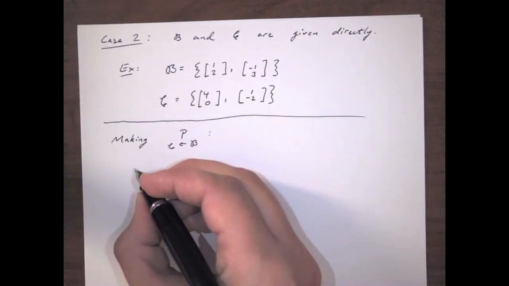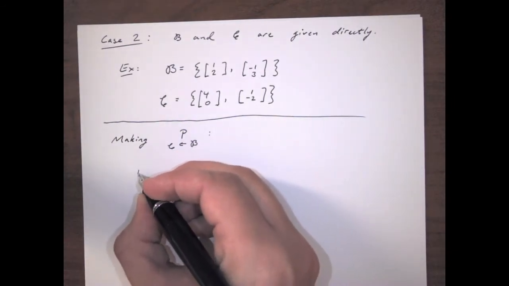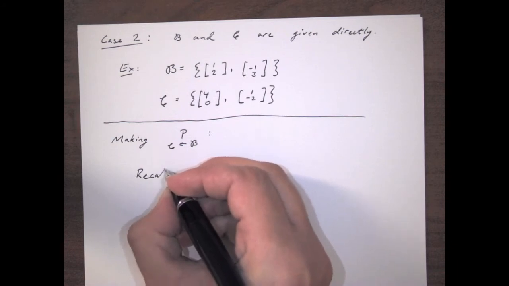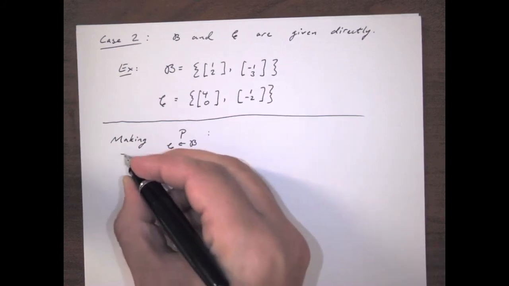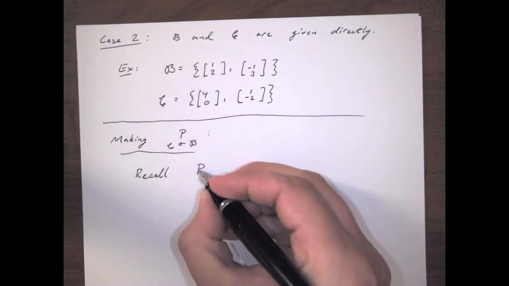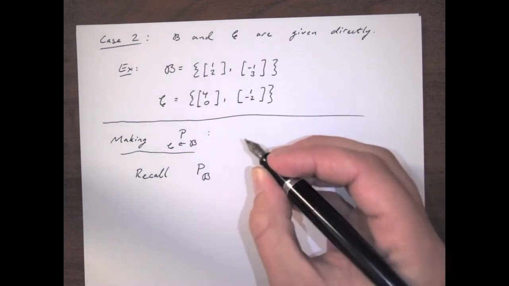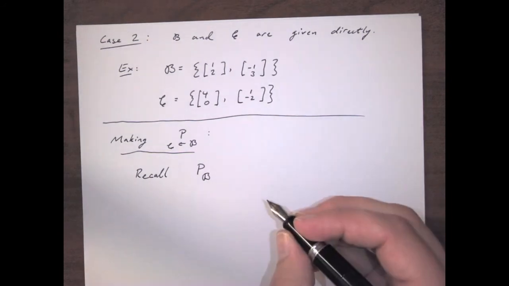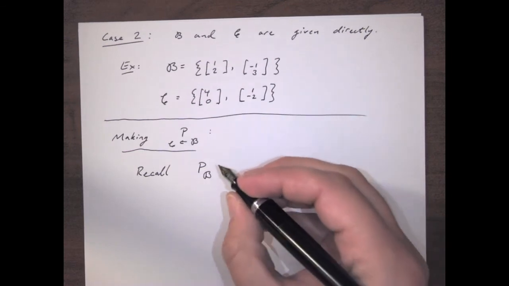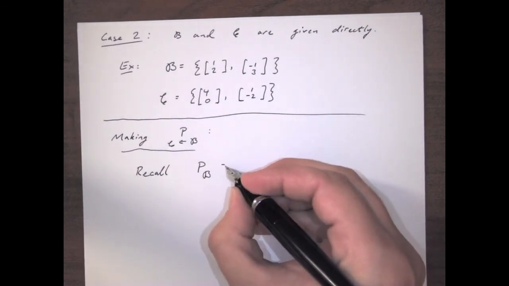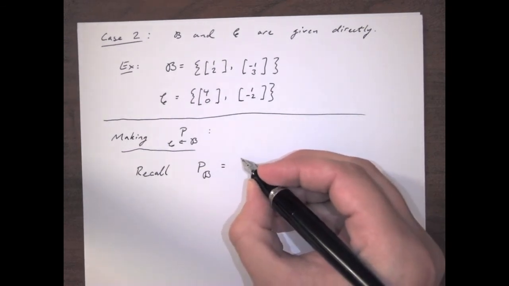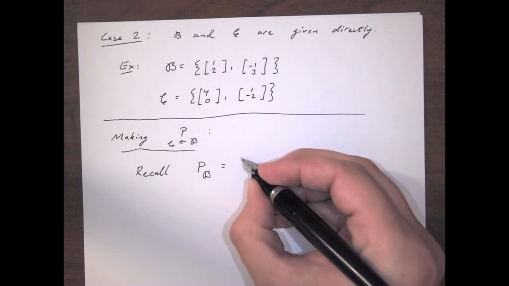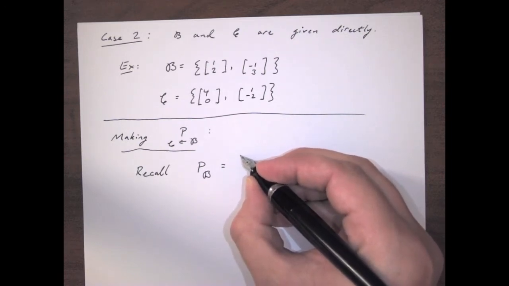Okay, first recall what P sub B actually means. We've seen this matrix before. We even called it a change of basis matrix back then.